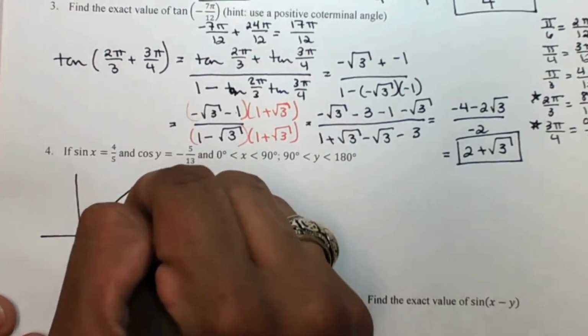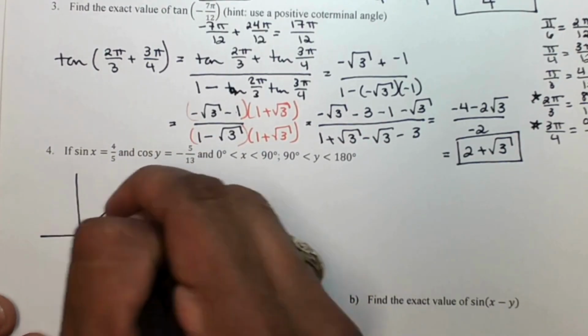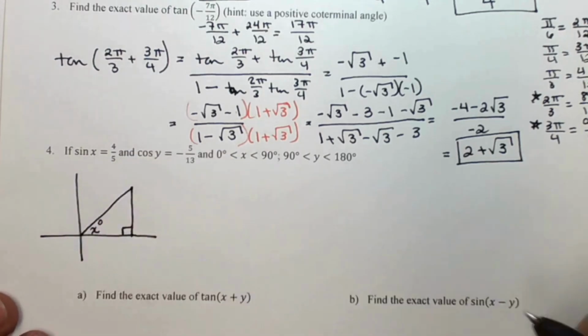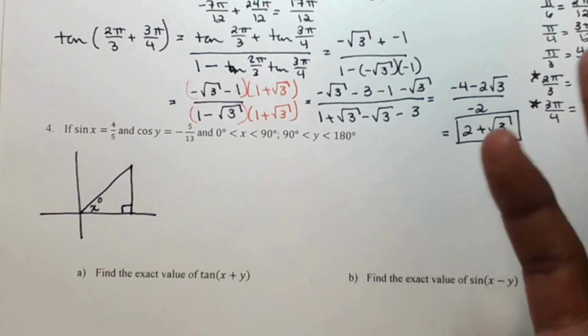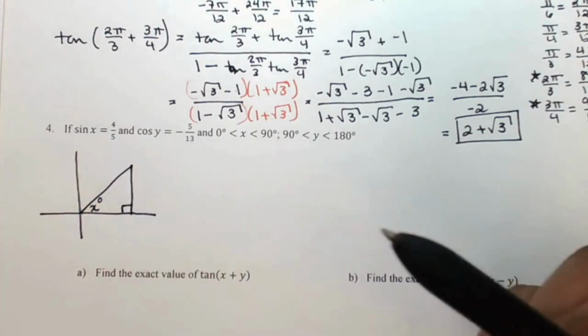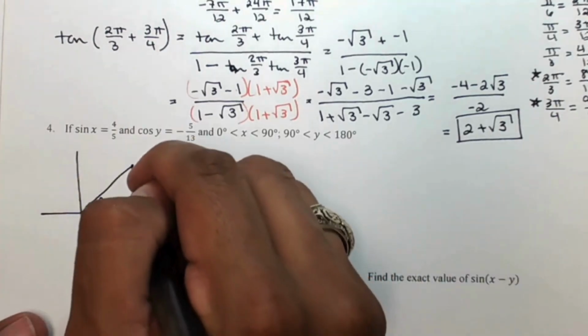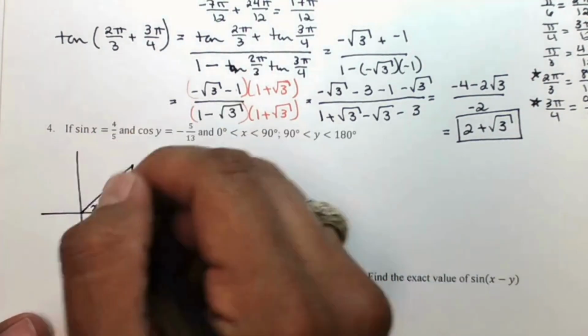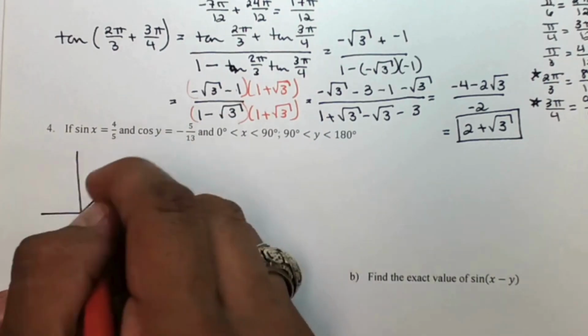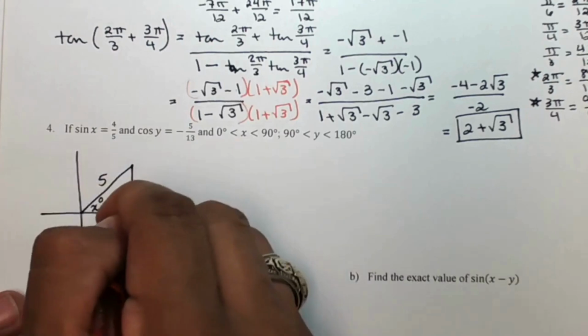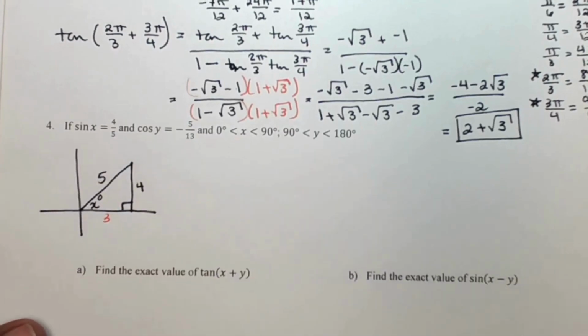So I'm going to draw a triangle with an angle x here next to the horizontal. That's my triangle. It doesn't have to look perfect or be to scale. If we're talking about sine of that angle being 4 over 5, then the opposite side is 4 and the hypotenuse is 5. So our adjacent side ends up being 3 because it's a triple.